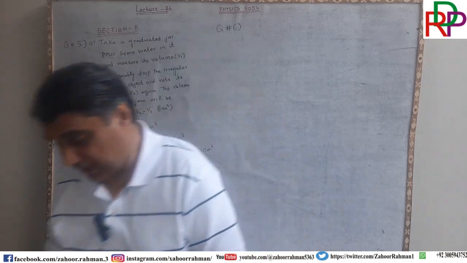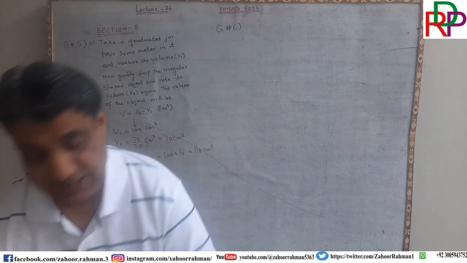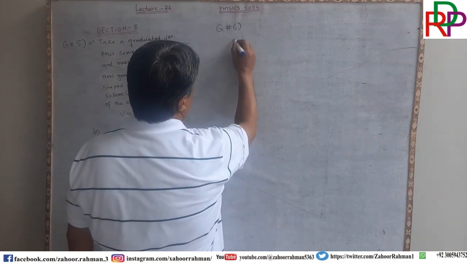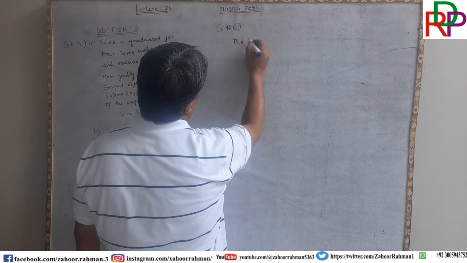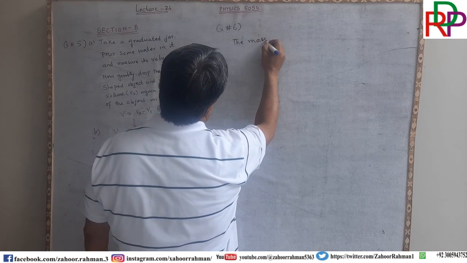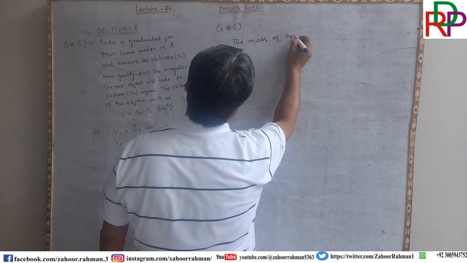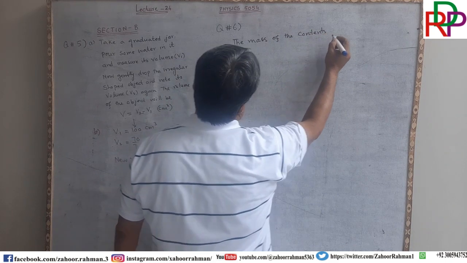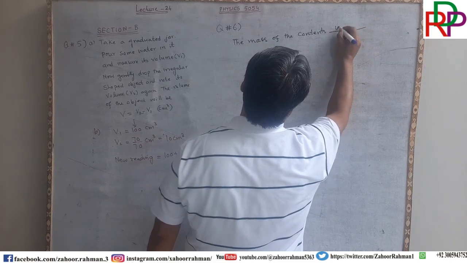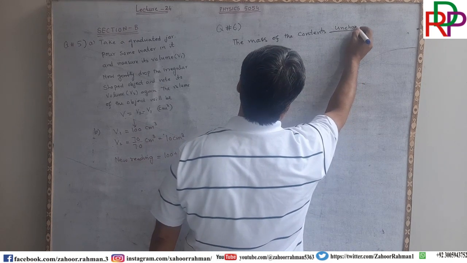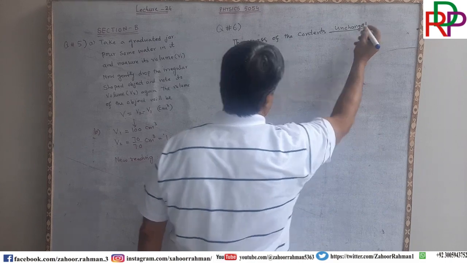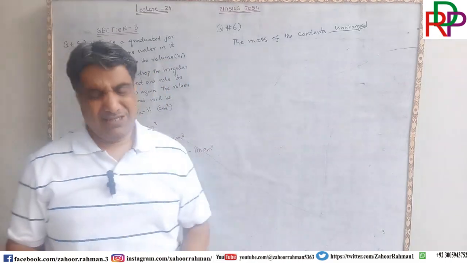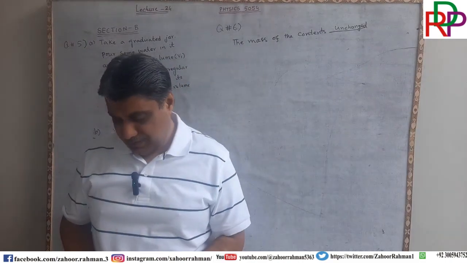The mass of the contents is unchanged. You have to write here because mass will remain the same if it is pressed or whatever is done during the settling. The mass will not change.